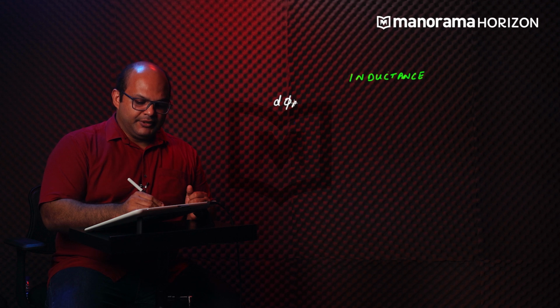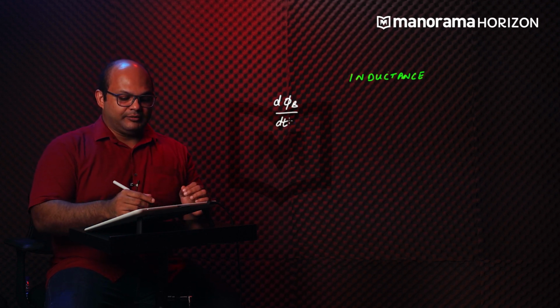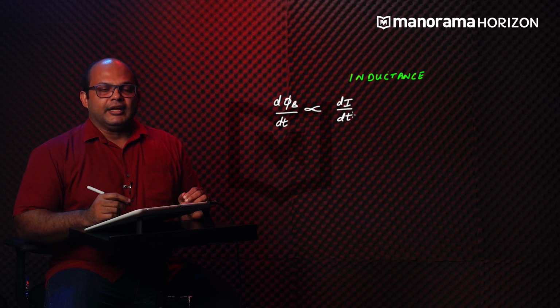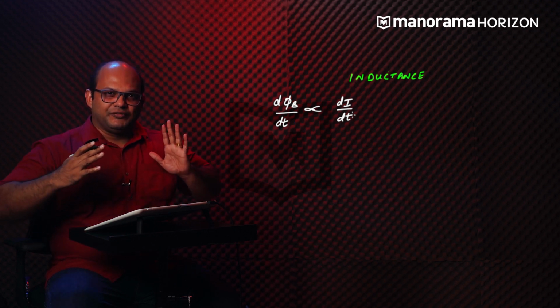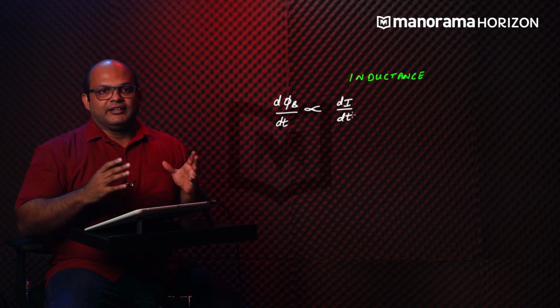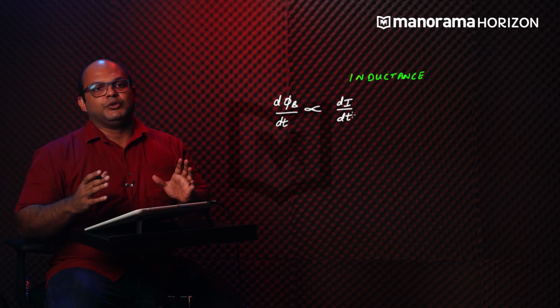d phi b by dt, which is the rate of change of the flux phi b, is proportional to the rate of change of current. If you are dealing with a solenoid, a coil in which the turns are very closely packed and there are n number of turns, we can say that the same flux phi b is linking with all of these turns uniformly.